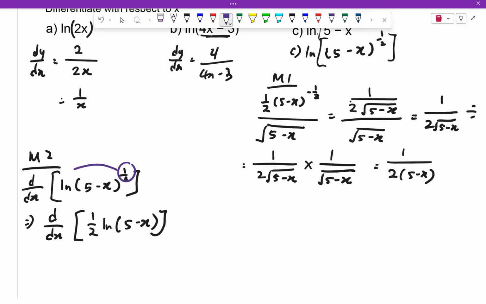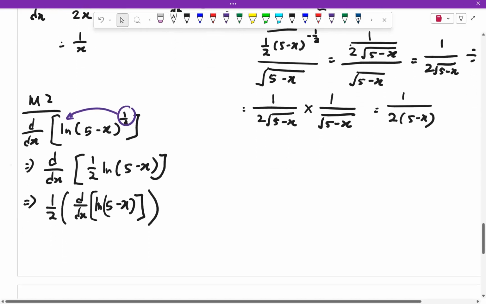This thing we bring it down. Then in this way I can neglect the half over there, isn't it? Times dy over dx of ln of 5 minus x in the bracket, like that.